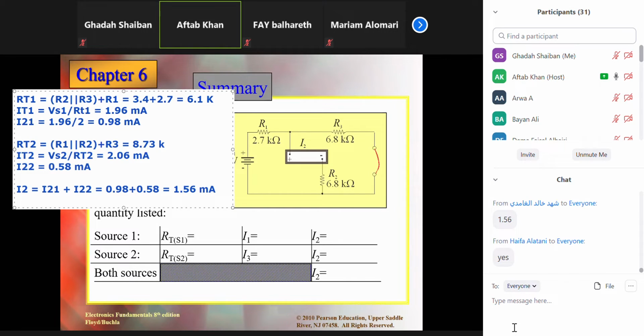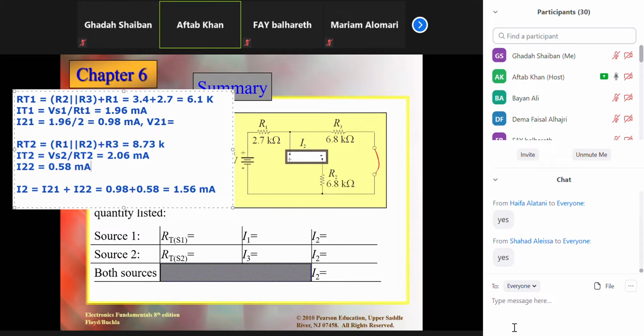Similarly, if we are asked to calculate the voltage, you can also calculate the voltage. How can you calculate the voltage? Once you get this current here, can you get the voltage also here or not? Voltage will be what? We can say V21. We already know the current, we will multiply with the resistance, which is 6.8. So you will get this one.